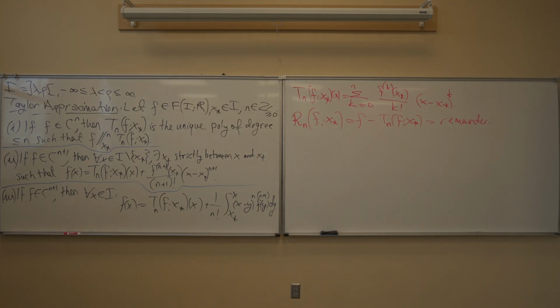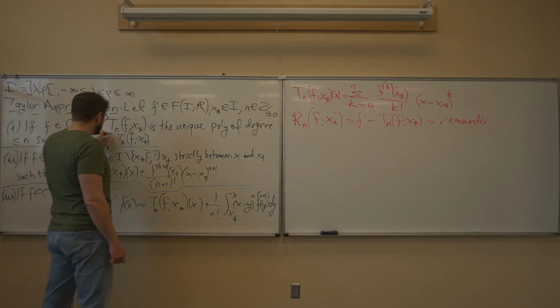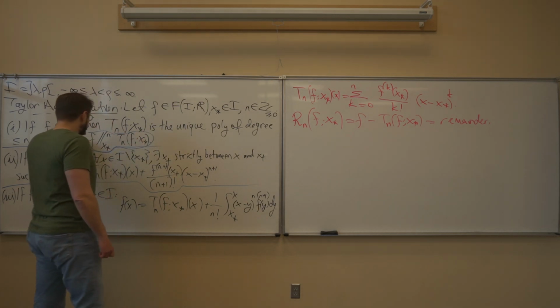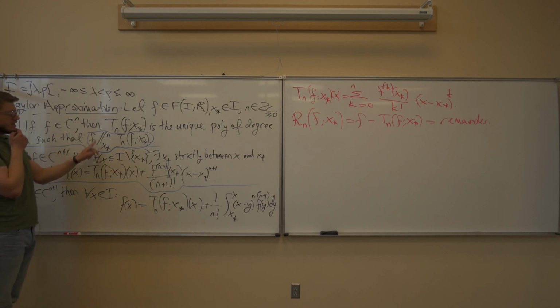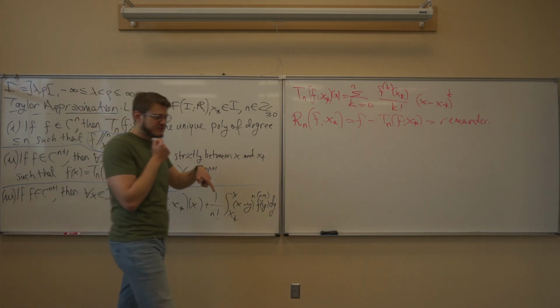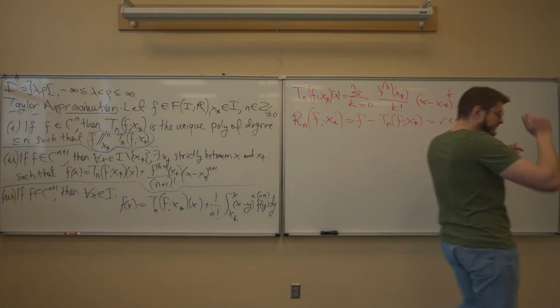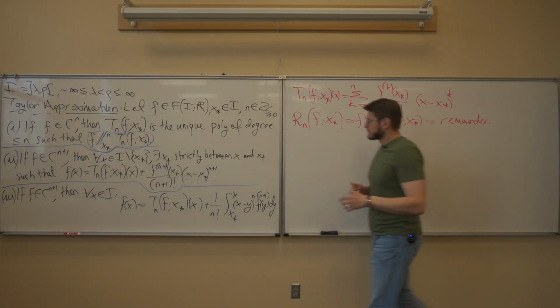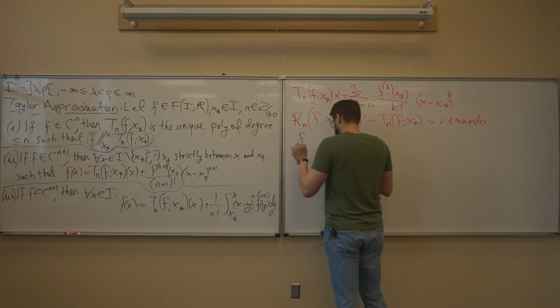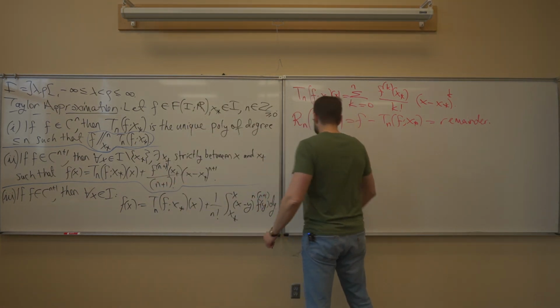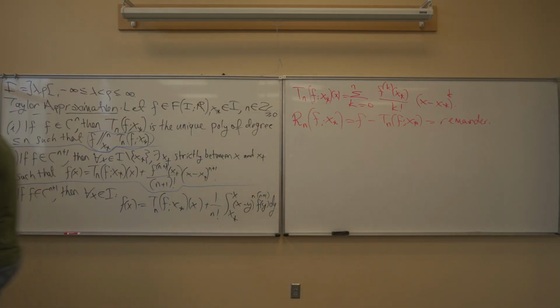Now, what do I mean by this symbol? This is shorthand for saying that f of x, let's say, is equal to this plus terms that decay faster than the distance raised to the power n. Okay. Maybe I can just start the proof and write it there.